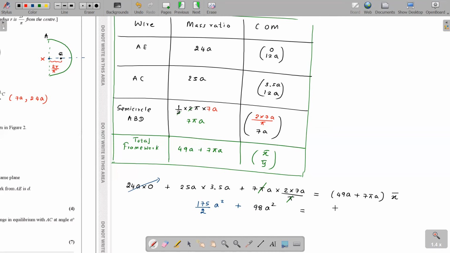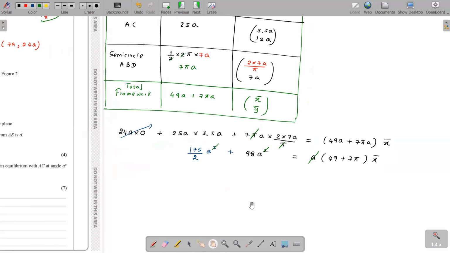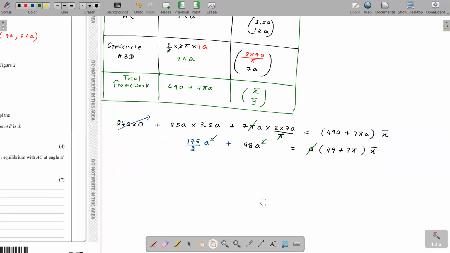We can remove 1A from the whole equation. Add these: 175 over 2 plus 98 is 371 divided by 2. So 371 over 2 equals 49 plus 7 pi times X bar.